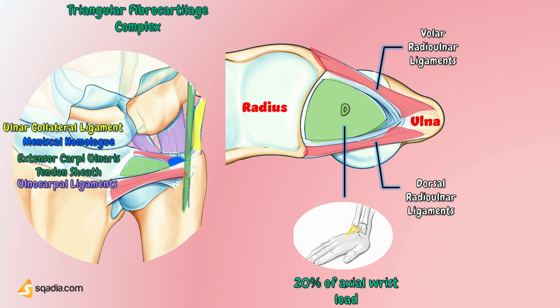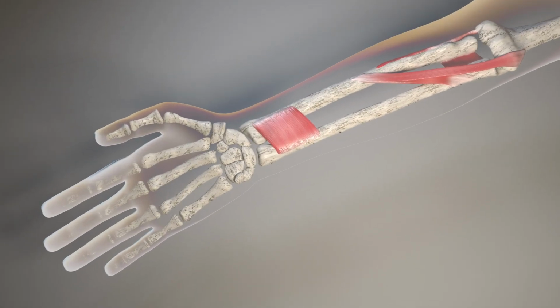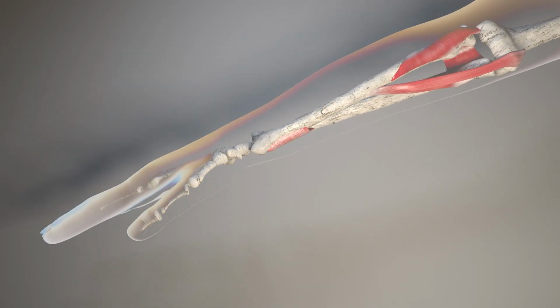There is consensus that the dorsal and volar radioulnar ligaments primarily maintain distal radioulnar joint stability. However, there is conflicting evidence as to which provides stability during pronation and supination. During pronation and supination, there is movement of the radius around the ulna.